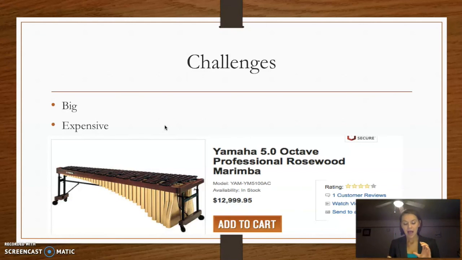So I propose that music therapists work closely with school systems, because many schools and universities do have access to this kind of instrument. It might not be a 5-octave, it might be a 4 1/3 octave or a 4 1/2 octave, but that's fine as long as it's in decent condition and they have permission from the school to use it. Also, I have recently found a 4 1/3 octave Yamaha marimba that only costs $2,800 on malletshop.com.